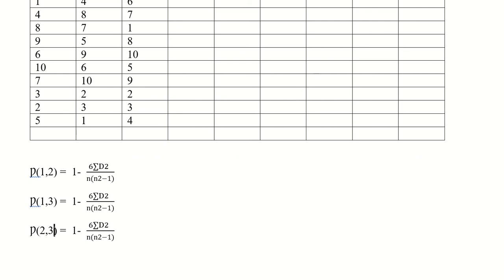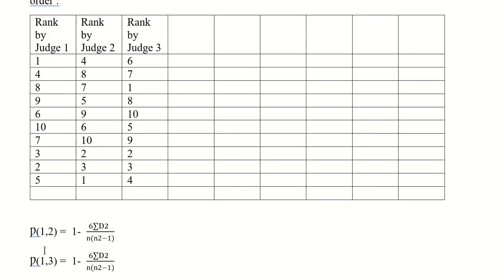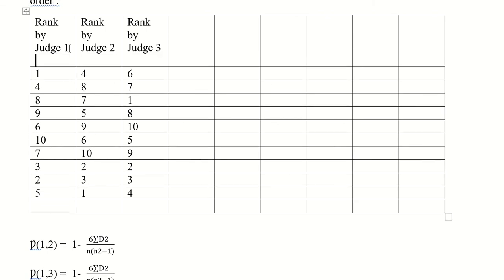So these are the correlations we have to calculate basically. For that, what do I have to do? I have to find D of 1 2, D of 1 3 and D of 2 3. So how do we do that? So this is R1 basically given to you. Rank given by judge 1 is R1. Then second one is R2. Right? And the third one is R3.